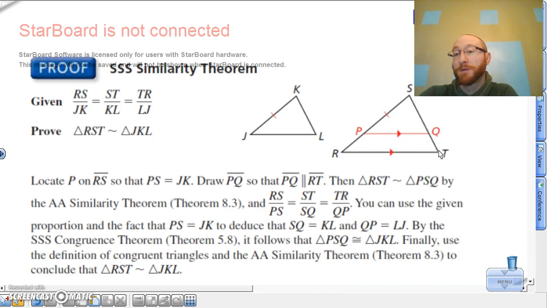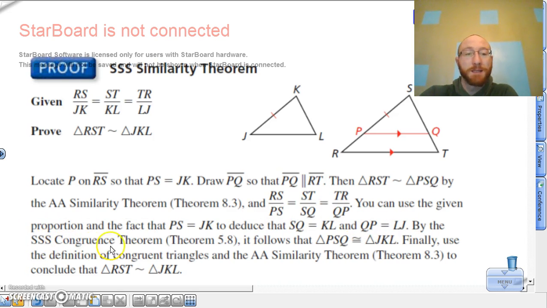Alright, and the parallel gives us quite a good option because we know that we have corresponding angles and the same reflexive angle. So we can prove that this big triangle and the smaller triangle are similar by angle. Given the fact that we already have the sides in proportion and that PS and JK are equal in length, we can easily deduce that SQ is equal to KL and QP is equal to LJ just by substitution.